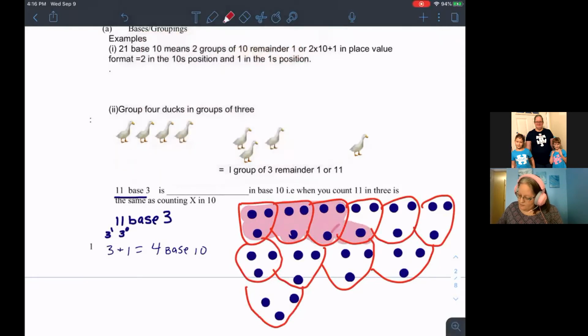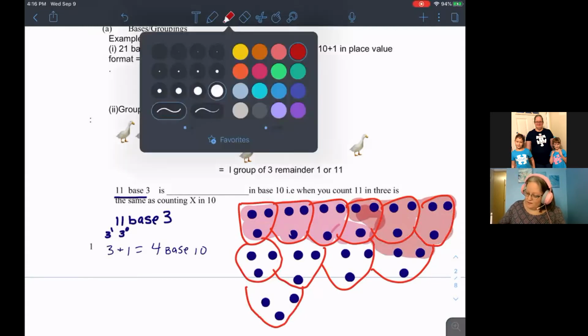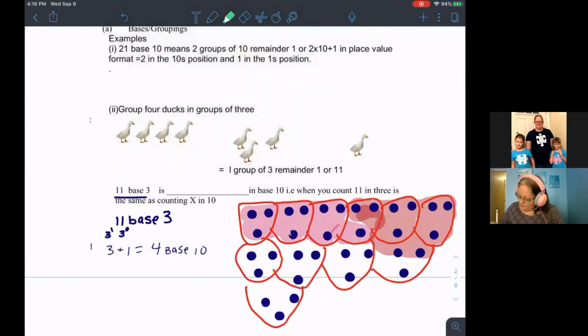And then another set of 1 through 10, and then another set in green, 1 through 10.